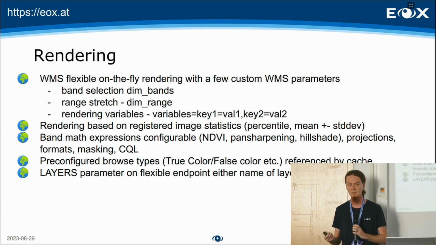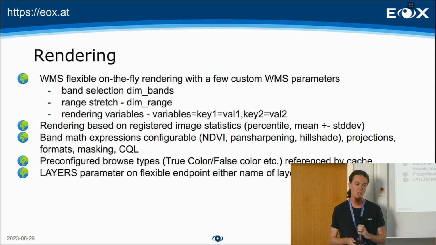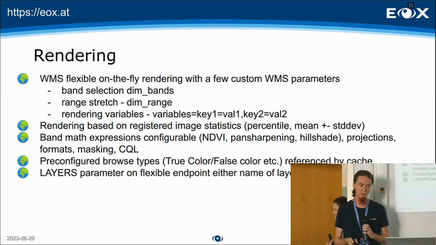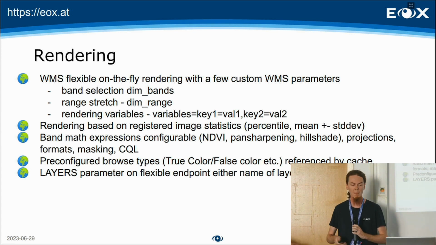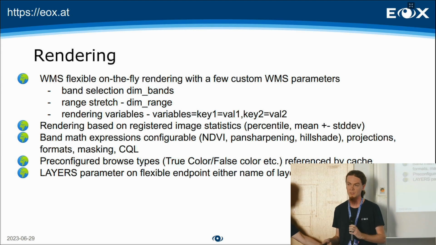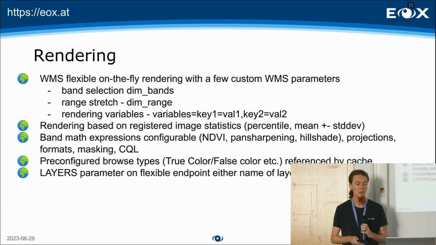So in terms of WMS access, we have band selection using the custom dim bands key. We have a range stretch, so that means that you can really stretch the original raster values into your RGB scale and play with this. And any WMS client using these custom parameters will do the same.